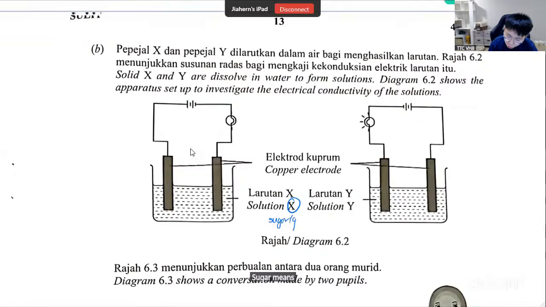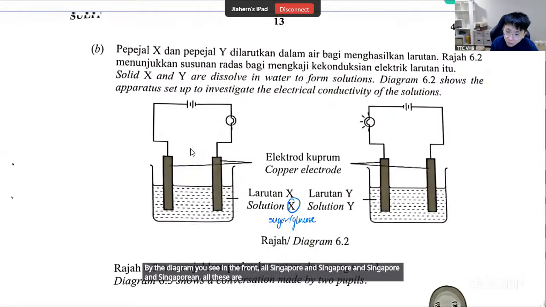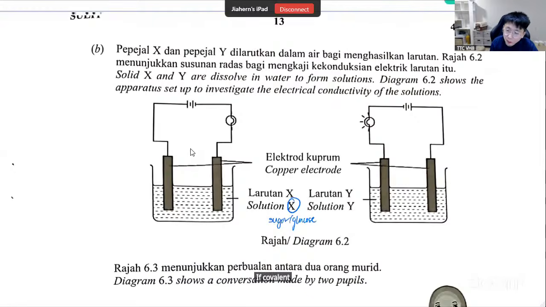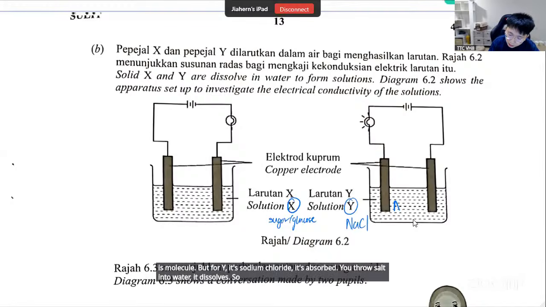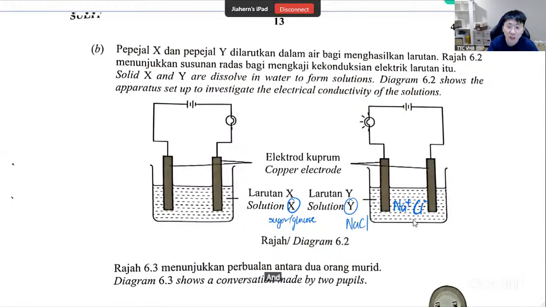Sugar means glucose. By the diagram you see in front, single bond, single bond, single bond, all these are covalent bonds. If covalent bond, do you have charge? No. So what is the type of particle? It is a molecule. But for Y, it is sodium chloride, a salt, correct? You throw salt into water, it dissolves. When it dissolves, it becomes Na+ and Cl-, so it conducts electricity.